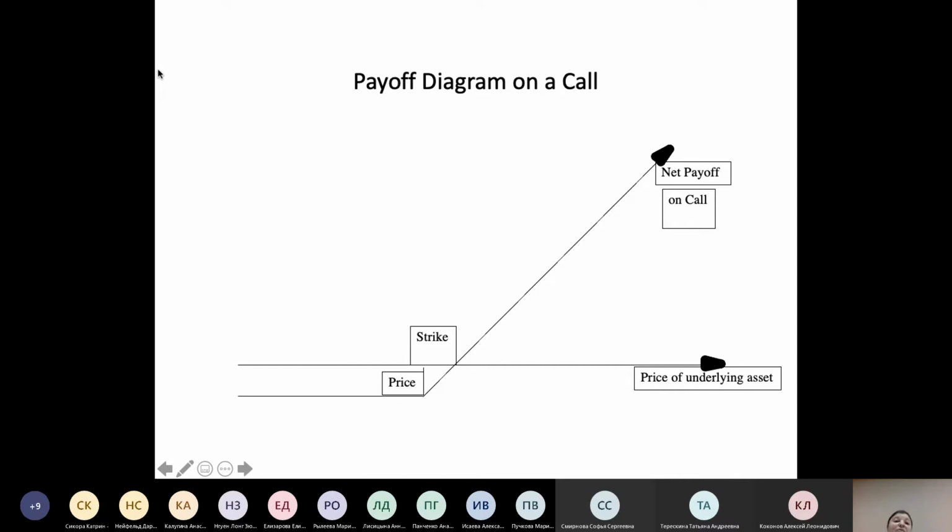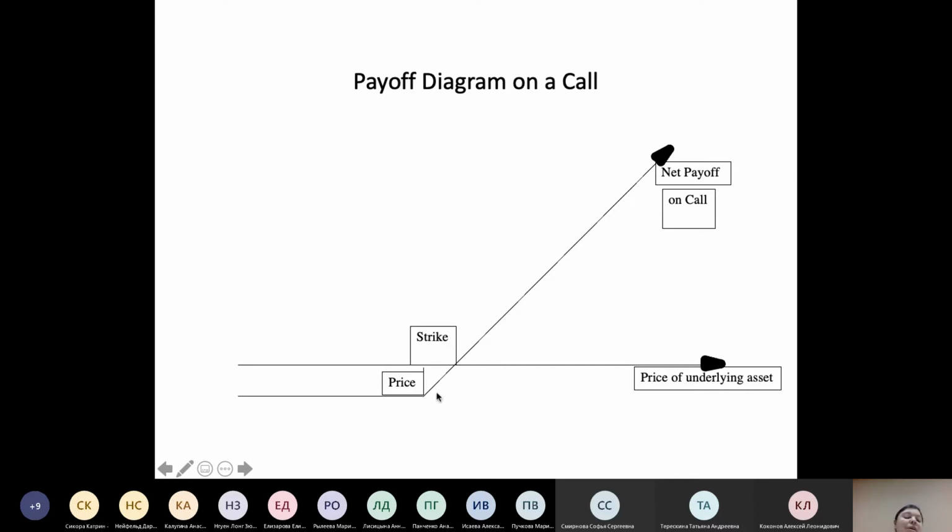And certainly for us, it's necessary to realize this option in the following conditions: when the market price of this asset is higher compared with our strike price.